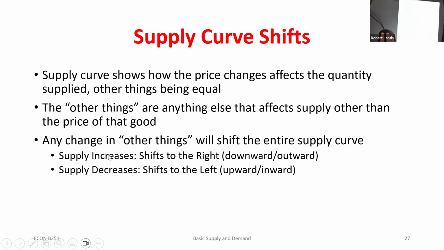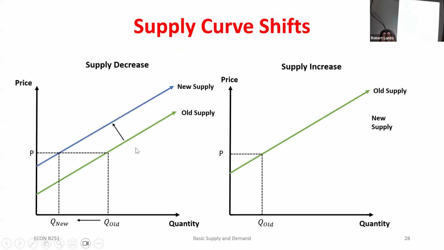So increases in supply, just like an increase in demand, is a rightward shift. Decreases in supply, just like a decrease in demand, is a leftward shift. So here, I'll show you, if you don't think of these as directly left and right, notice a supply decrease looks like supply is going up, like shifting up, but we'll talk about why that's not what this graph is showing us in a second.